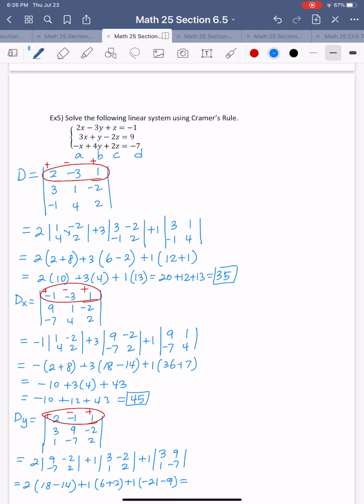Then I get 2 times 4 plus 8 plus negative 30. So I got 8 plus 8 minus 30. So 16, so negative 14.